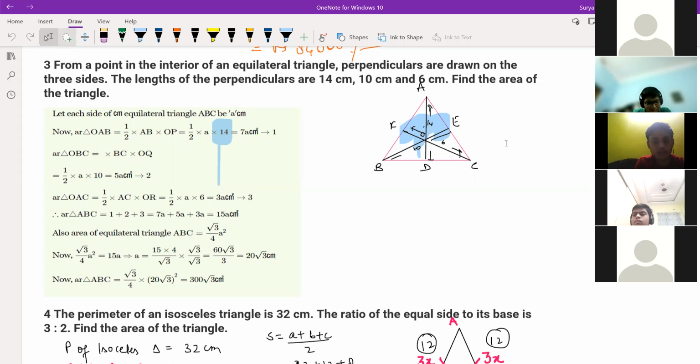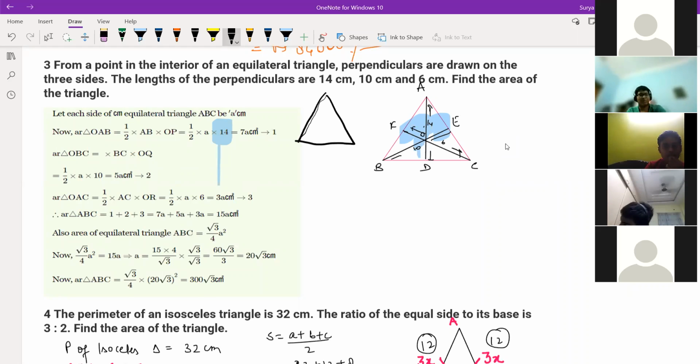If you draw another diagram, what will be there? From a point in the interior of a single triangle, they have mentioned this one, Vivek. These are the perpendiculars, not this way. This part is wrong.